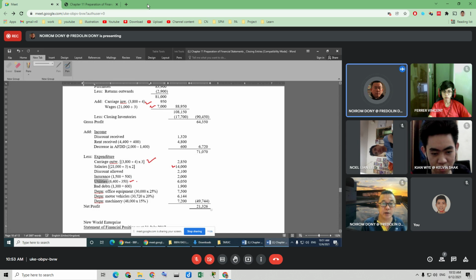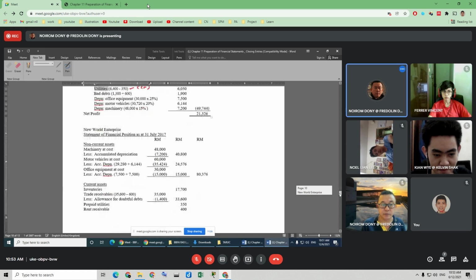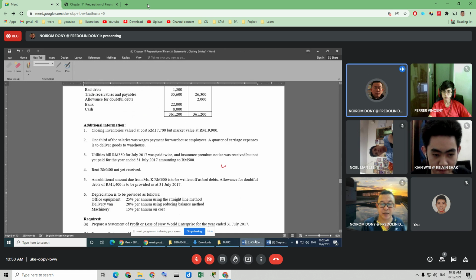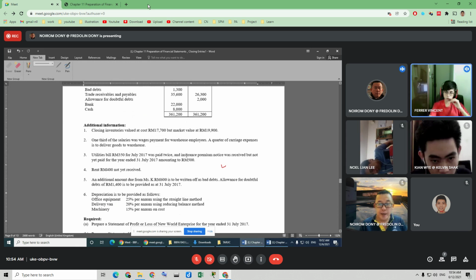Minus 350 means we are crediting the debit item. If this is credit, the next entry should be debit, which goes to the SOFP under current assets: prepaid utility. So this is debit. Are you following? Can you understand?